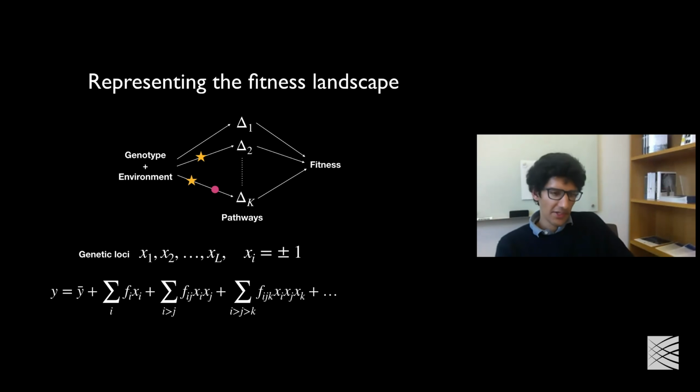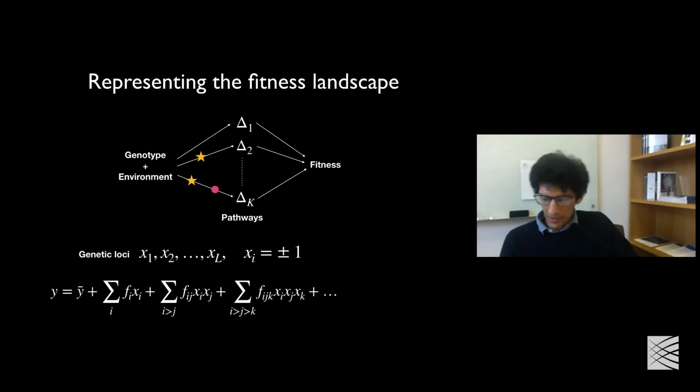Now, it turns out that very generally, you can write down the fitness as some combination of the states of the different loci on the genome, right? And this specific form that I'm writing here has some interpretation in terms of biology, but it also has some nice properties in terms of how you can analyze it.